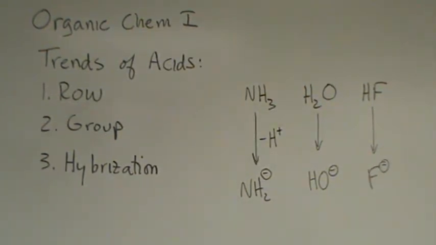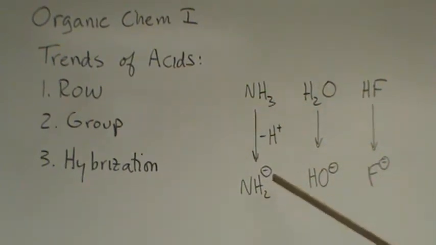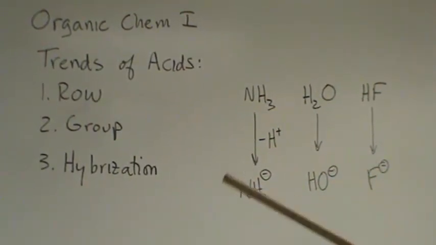So these are our three conjugate bases from these corresponding acids. And how do we determine which acid is the stronger acid? We do it by looking at these bases.